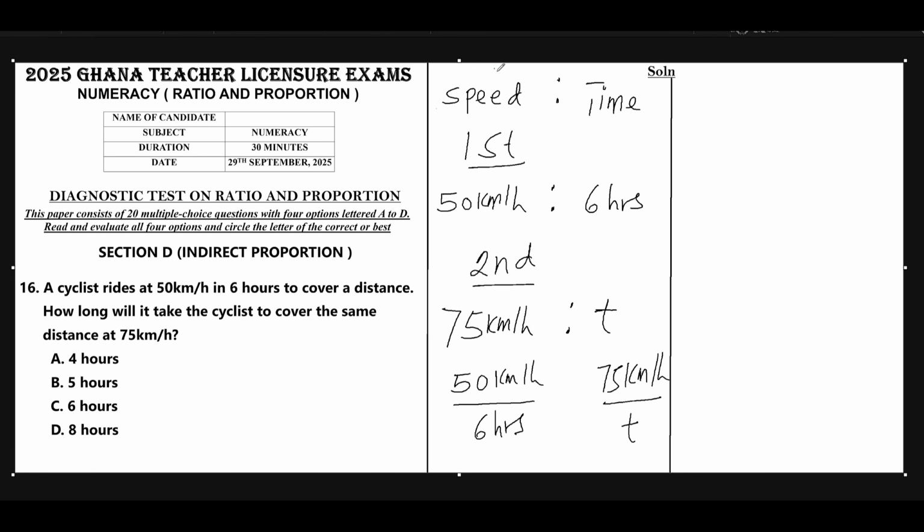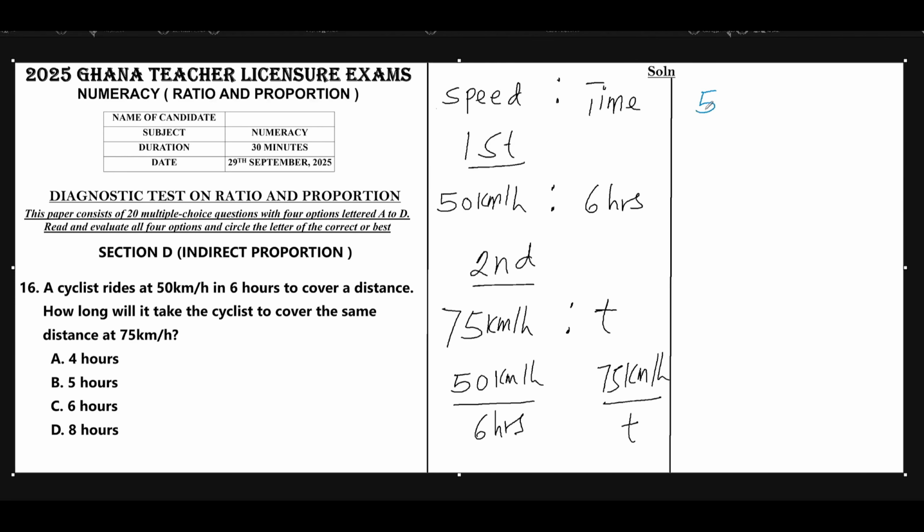You can choose to interchange speed in the two different scenarios, or you can also choose to interchange the time in the two different scenarios. In my case, I prefer interchanging the time. So let's see what happens.